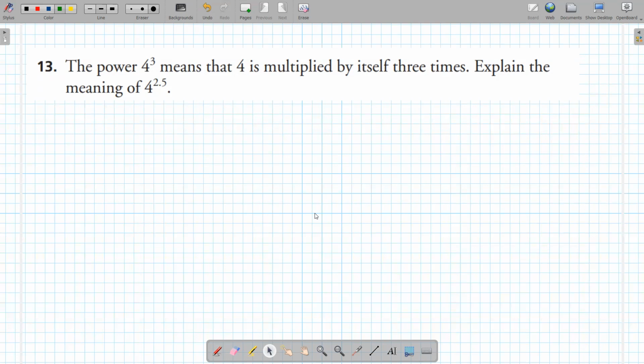Any ideas? Is it multiplying itself 2.5 times? Would that be the answer? No, that would not be the answer. You've got to think of this in terms of a rational exponent.